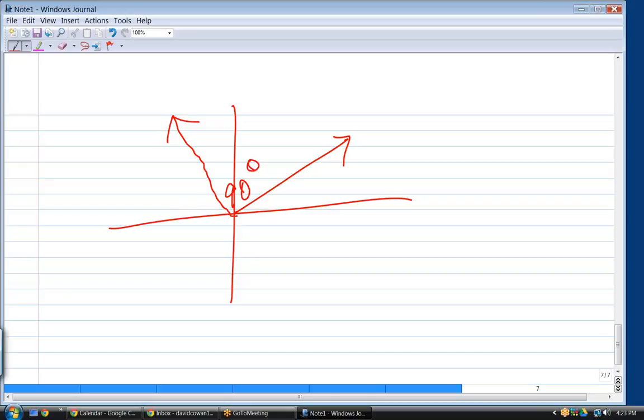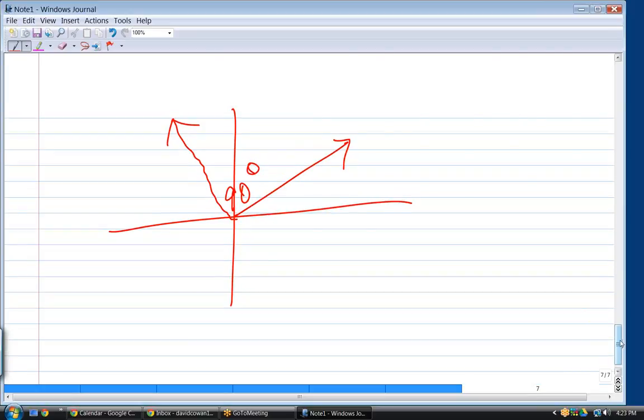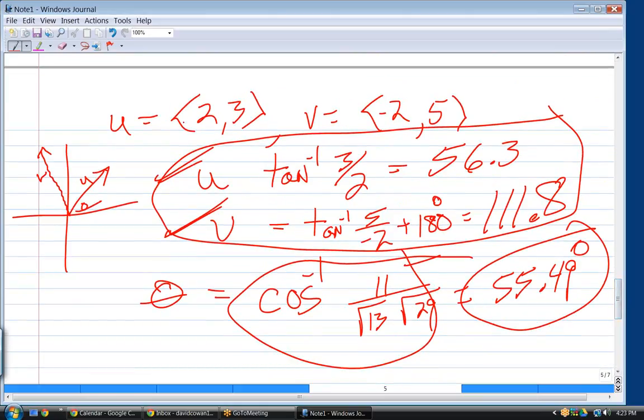I'm not sure. The dot product has to be 0. In other words, if I took the dot product of these two vectors, I don't get 0. I get 11. If these two vectors were perpendicular to one another, the dot product would be 0.